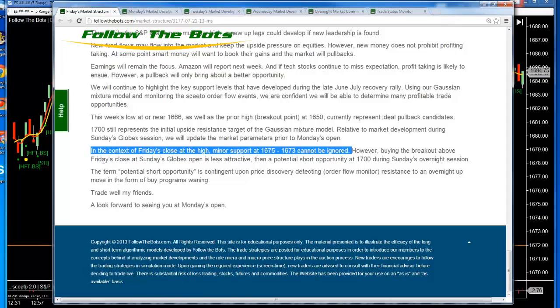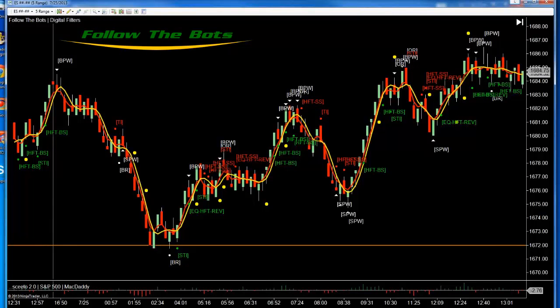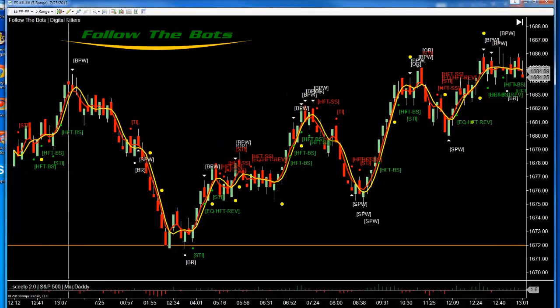And so in the context of the rally up to the high, we were drawing the inference that we could not ignore the support level down at 1675, 1673. So I'd like to click over to this chart that we were looking at and show you where that support reference comes from.